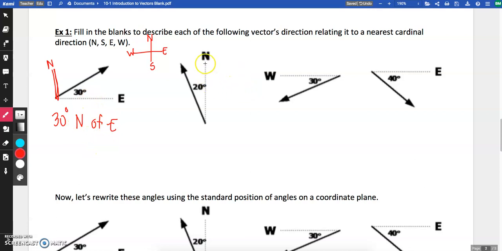It's going closer to north, so 30 degrees north of east. Okay, the next one here, I have my north label. Looks like it's going towards west, so we would describe this as 20 degrees west of north.